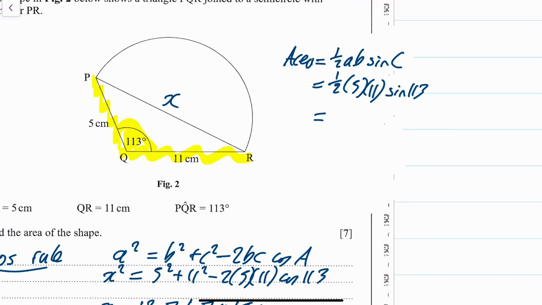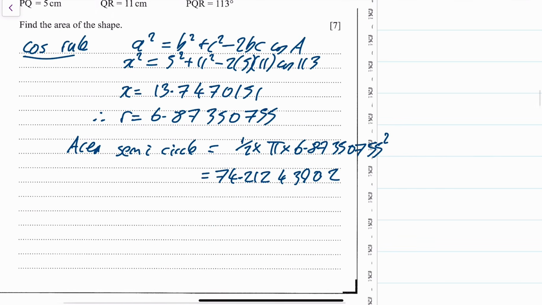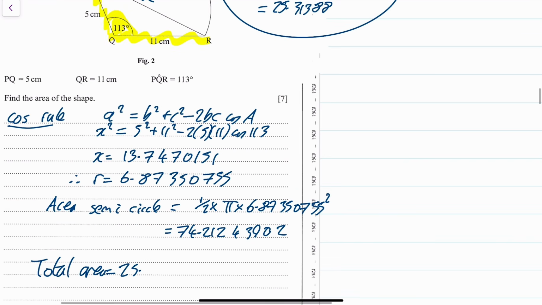and that works out to be, if I've done that correctly, 25.31388, and then we're going to add this to our semicircle, so your total area is 25.31388 plus the 74.1244.